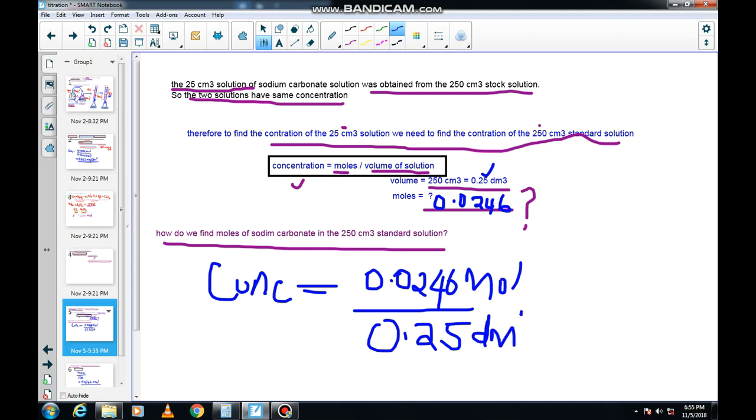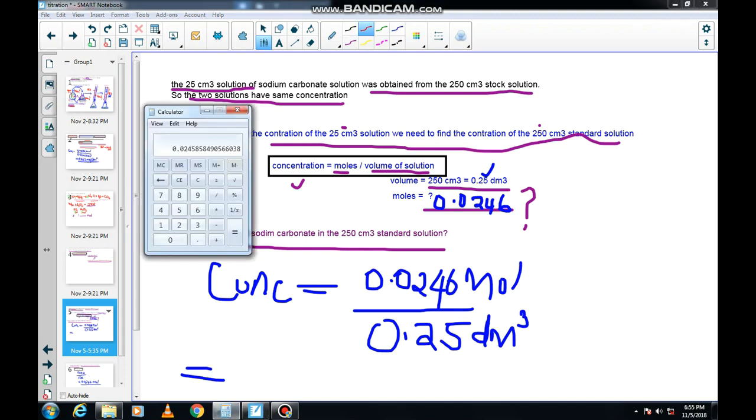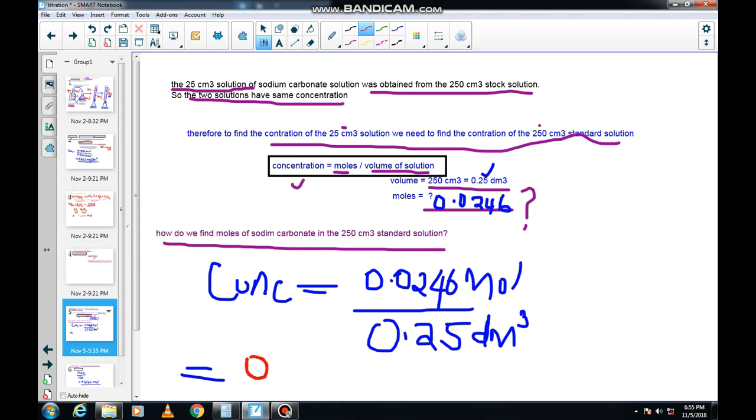Therefore, the concentration we will obtain as our number of moles divided by the volume, 0.0983 to 3 significant figures, and the units are moles per decimeter cube.